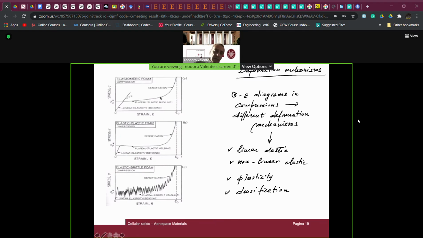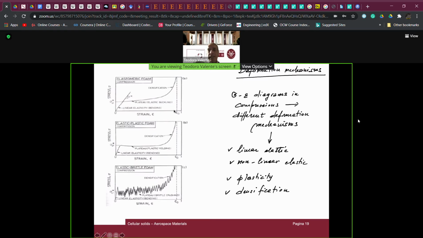And this behavior is going to be shown by the material not infinitely. Remember, we are compressing the material till a limit value of deformation, which is called strain epsilon D, in which, due to compression, we have eliminated all voids inside the cellular solid, and so we have densified the material itself.